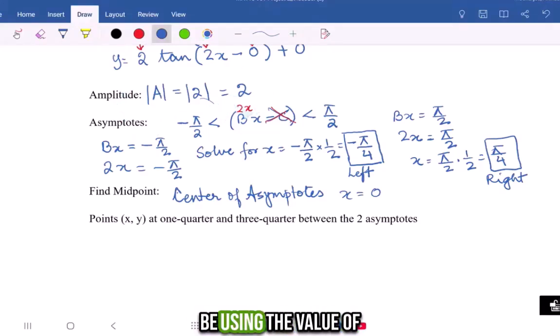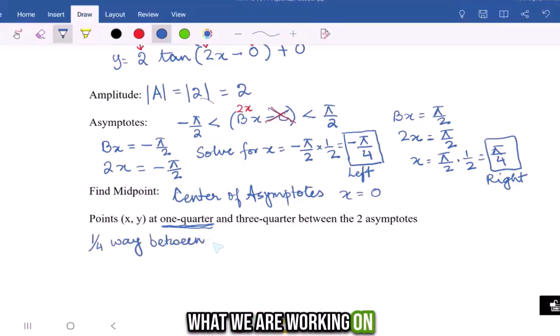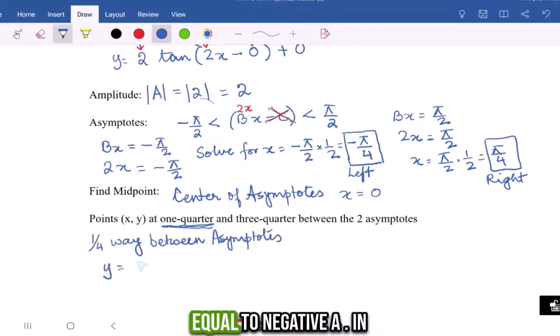Now we will be using the value of the amplitude. We'll start by finding x comma y 1/4 way between the two asymptotes. That's what we are working on first. y will be equal to negative a. In this case, we have a as 2, so it's going to be negative 2, right?